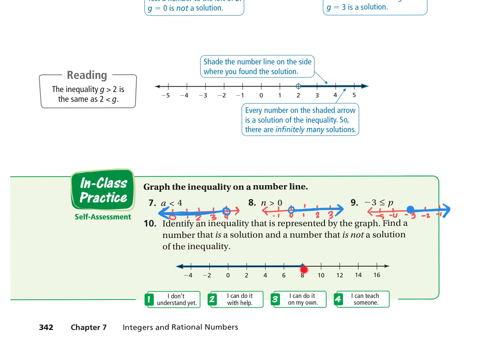So that means that my solution could be 8, but it can also be anything less than 8. So n could be less than or equal to 8. So any number that is 8 or less than 8 is a possible solution. So 8, 7, 6, 5, 4, 3, 2, 1, negatives, 0, any of those would be possible solutions for this one.